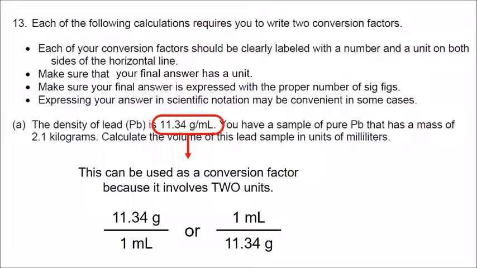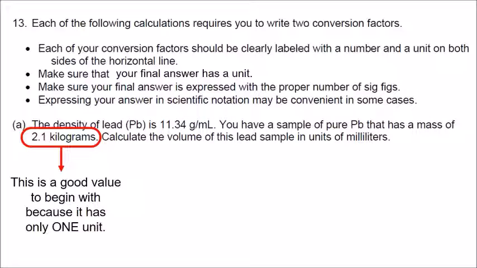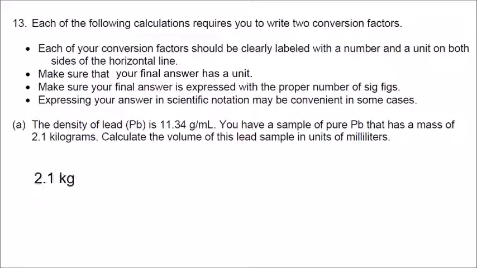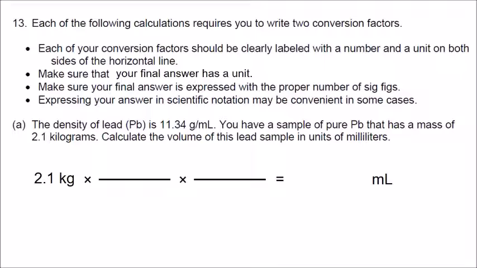Let's keep reading and see what other numbers there are available. Well, it says 2.1 kilograms. This is a good value to begin with because it only has 1 unit. So we start with 2.1 kilograms. So we know that this will involve 2 conversion factors. We are asked to calculate the volume of this lead sample in units of milliliters.